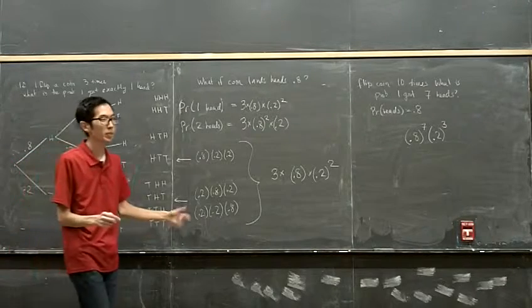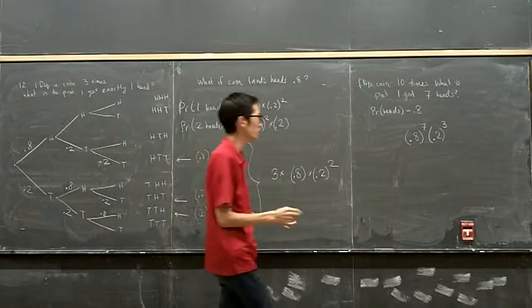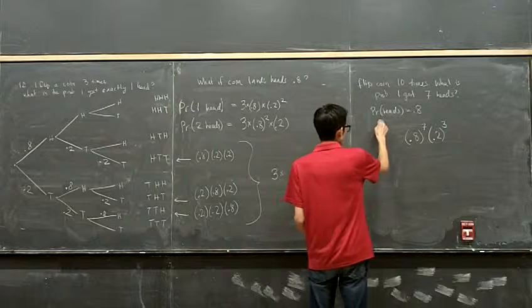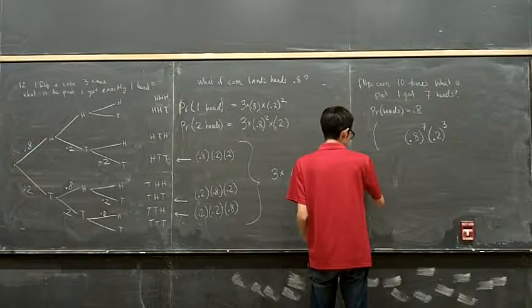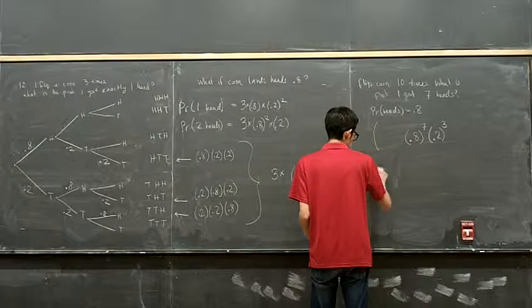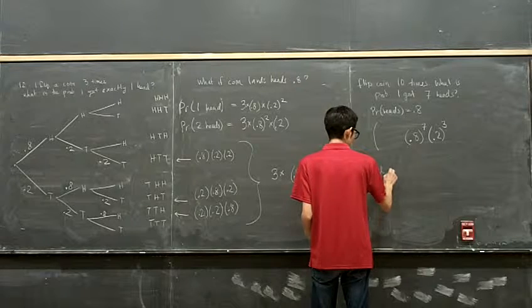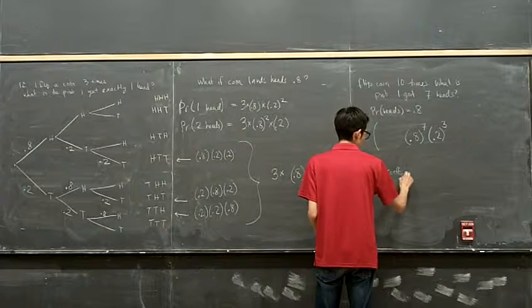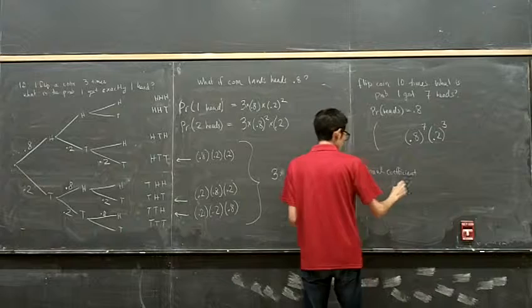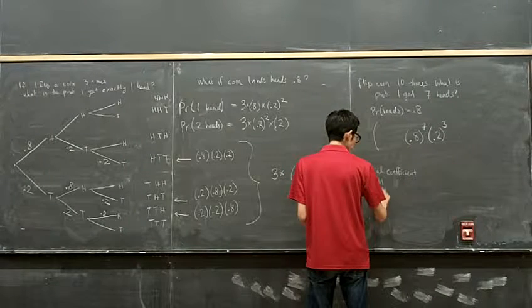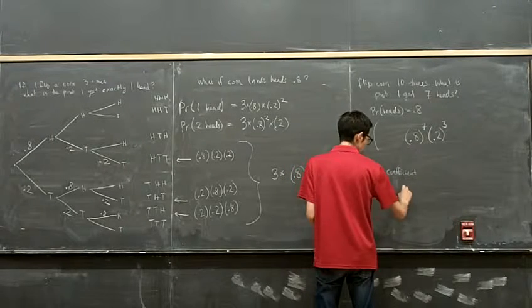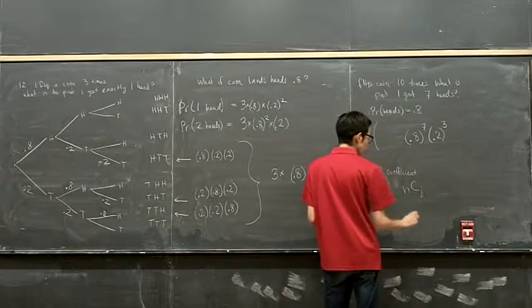This is known as the binomial coefficient. This can be rewritten as n choose j, like this.